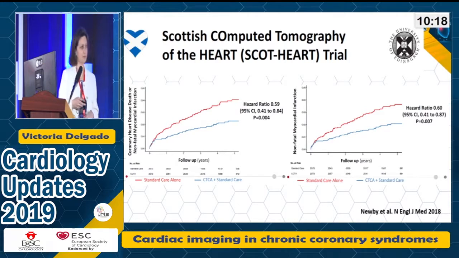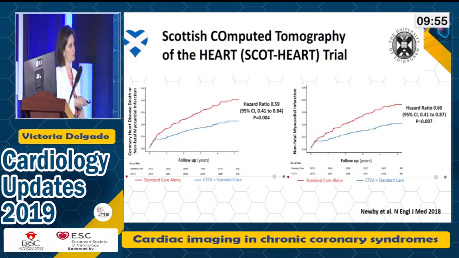And you can see that over the years, at 5 years of follow-up, the patients who were referred for CT coronary angiography have much lower event rates of non-fatal myocardial infarction or death from coronary heart disease than the patients who were referred for standard care alone.